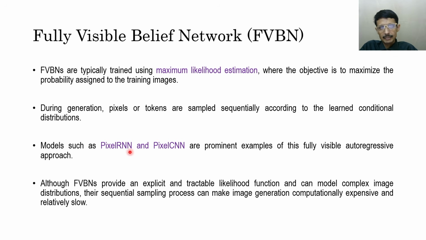Models such as PixelRNN and PixelCNN are prominent examples of this fully visible autoregressive approach, which I will show later. Although a fully visible belief network provides an explicit and tractable likelihood and can model complex image distributions, the sequential sampling process can make image generation computationally expensive, because all the patches will have to be considered.